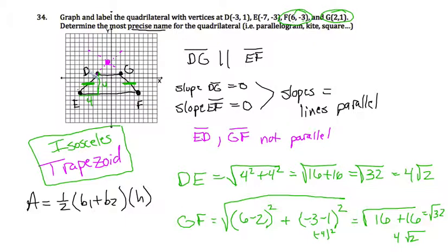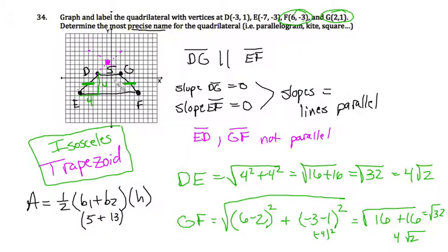Well, you can just count these because they're perfectly horizontal lines. They're not at a slant like GF and DE. So from D to G is 1, 2, 3, 4, 5. So base 1 is going to be 5. Plus base 2, which is going to be, make sure I count this correctly, 1, 2, 3, 4, 5, 6, 7, 8, 9, 10, 11, 12, 13.